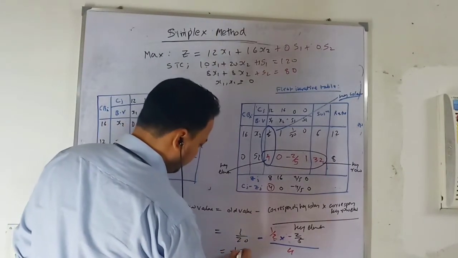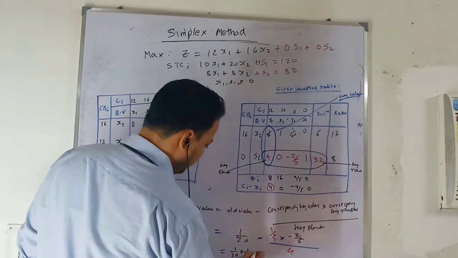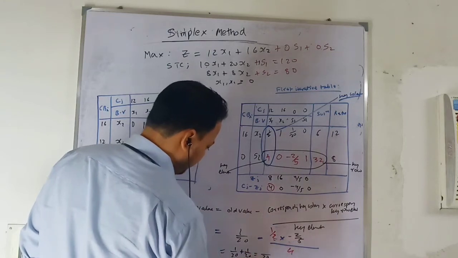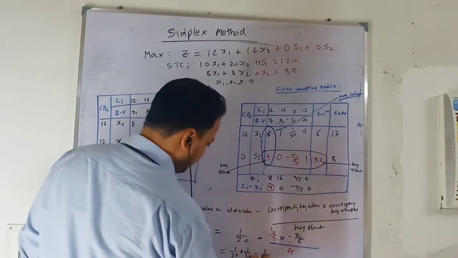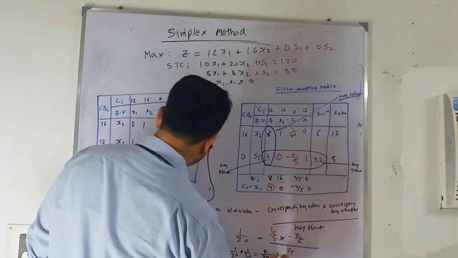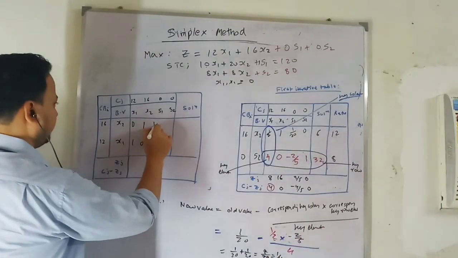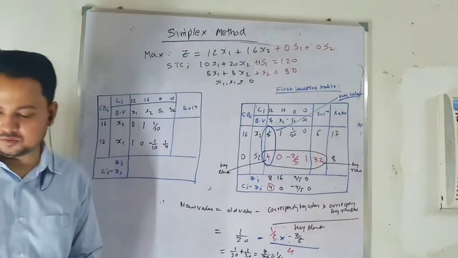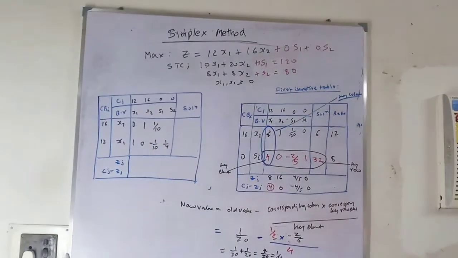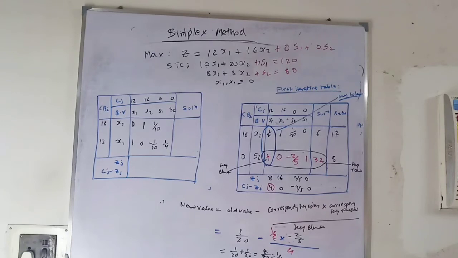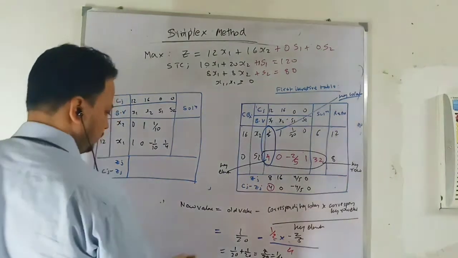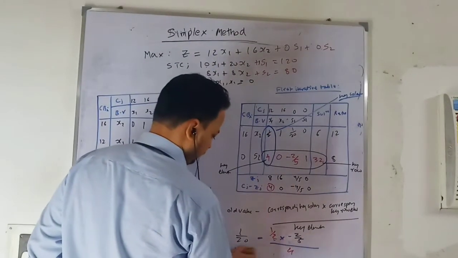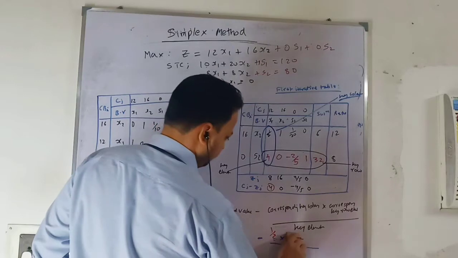So 1 by 20 minus minus is plus 1 by 20. So 20 will be the LCM. Okay? Then it will be 2. So it will be 1 by 10. So this will be 1 by 10. Everyone got 1 by 10? Yes or no?